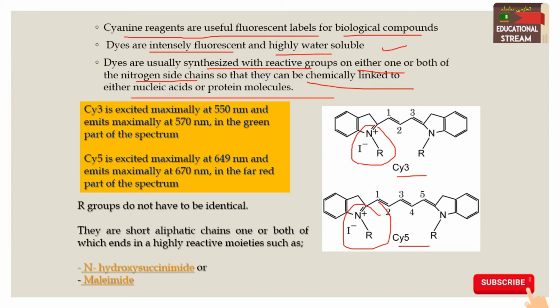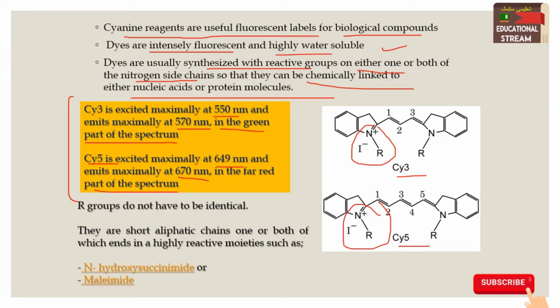The maximum excitation and emission spectra of Cy3 and Cy5: Cy3 is excited maximally at 550 nanometers and emits maximally at 570 nanometers, working in the green part of the spectrum, while Cy5 is excited at 649 nanometers and emits maximally at 670 nanometers in the far red part of the spectrum.